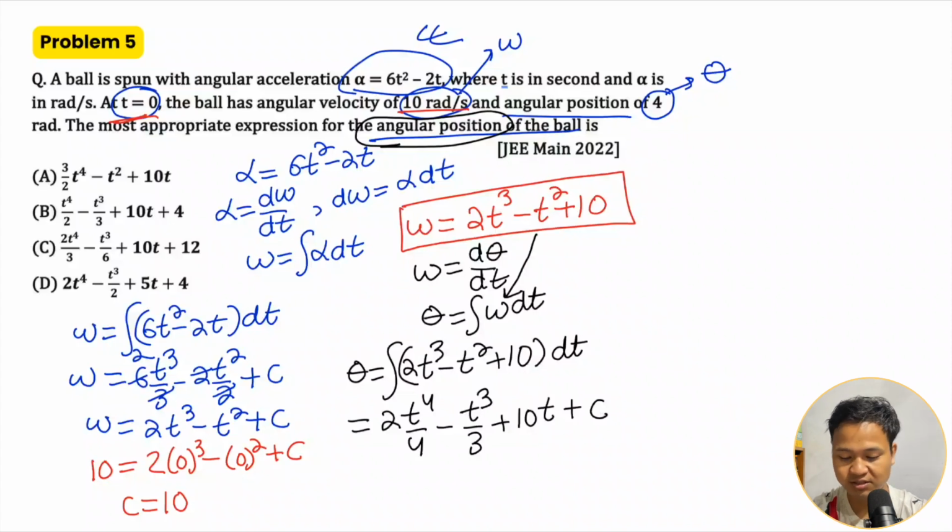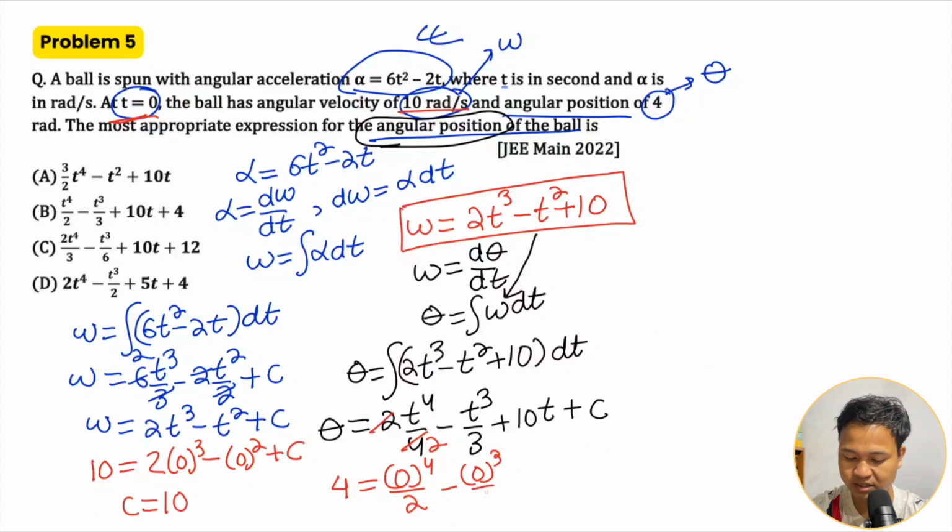Given that at t equals 0 theta was 4, put it again: 4 equals 2 into 0 power 4 by 4 minus 0 cube by 3 plus 10 into 0 plus c, so c is again 4.